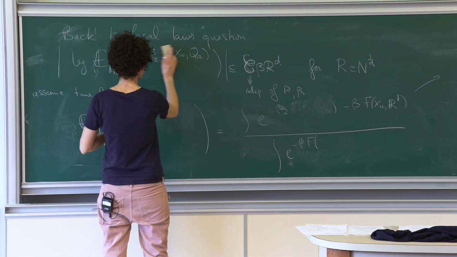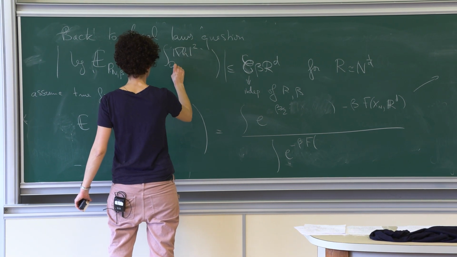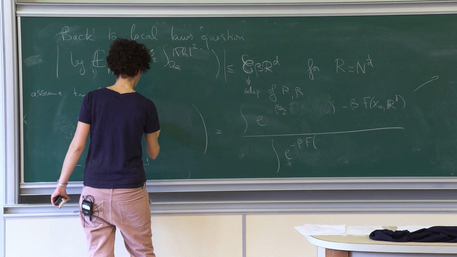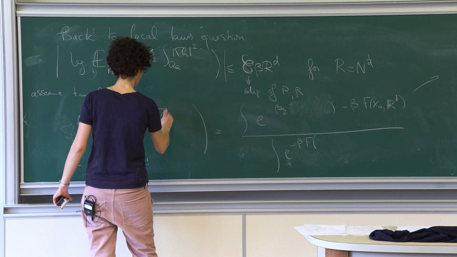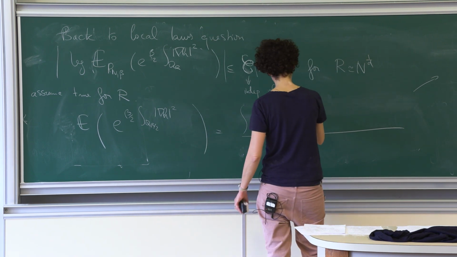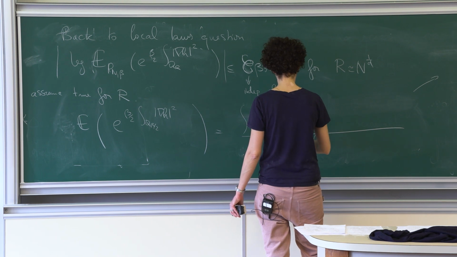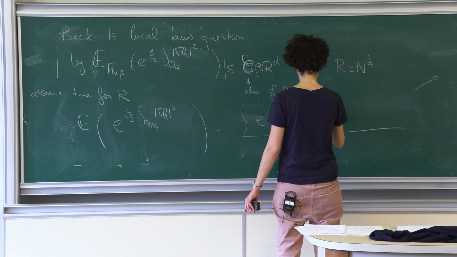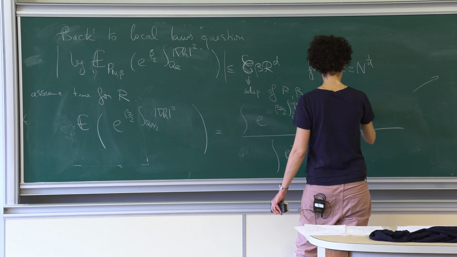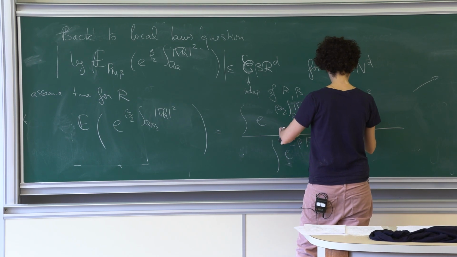This is the integral of grad h squared in QR. Okay, so this is more clear. You're integrating the same function here all the time.